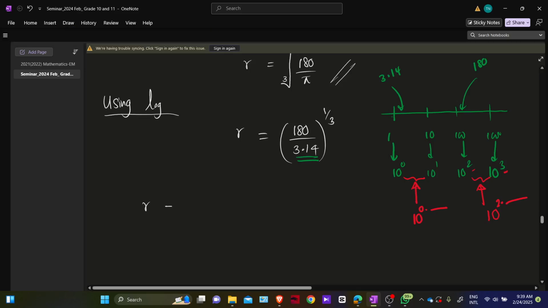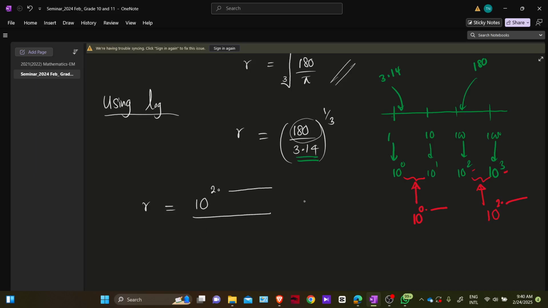Now I can write r is equal to, I'm going to replace 180. 180 is somewhere here, so I can write it as 10 to the index 2 point something. Second one, I can write it as 10 to the index 0 point something. Is that clear? I hope it's clear.